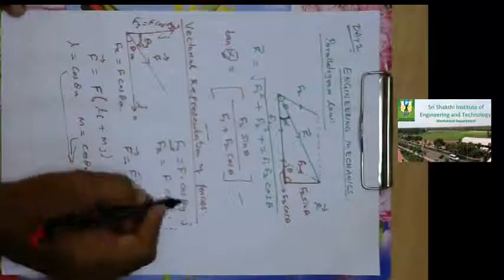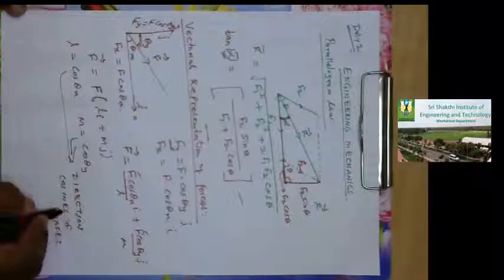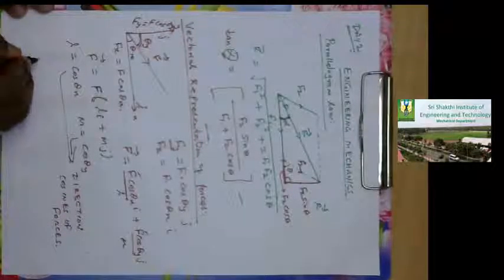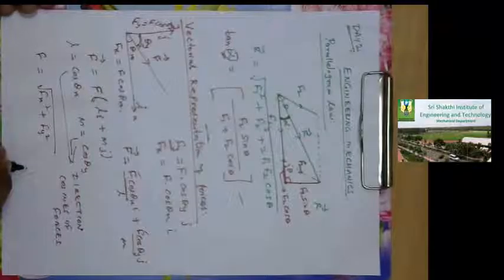This is used when the force is inclined to the primary axes. So this is a vectorial representation of force in terms of direction cosines. The magnitude of the F vector will be the square root of Fx squared plus Fy squared.